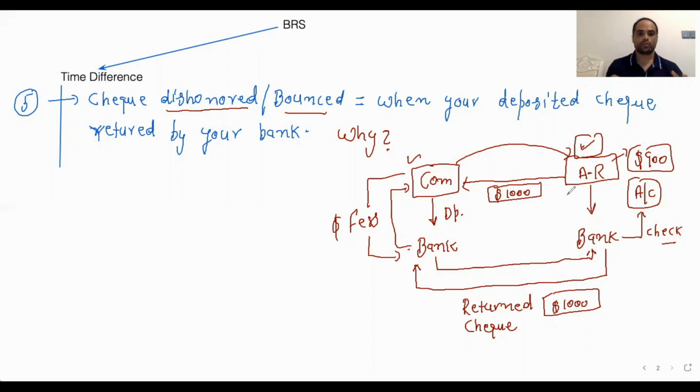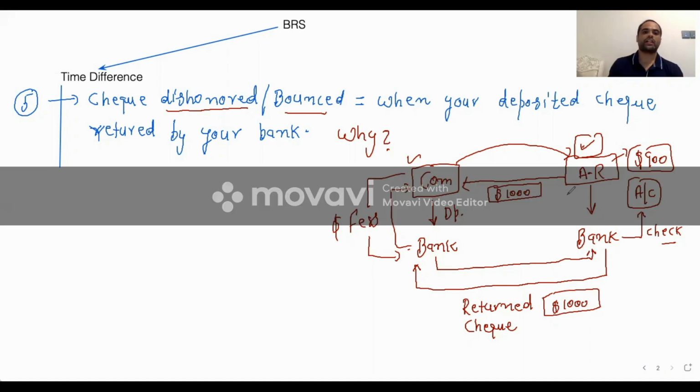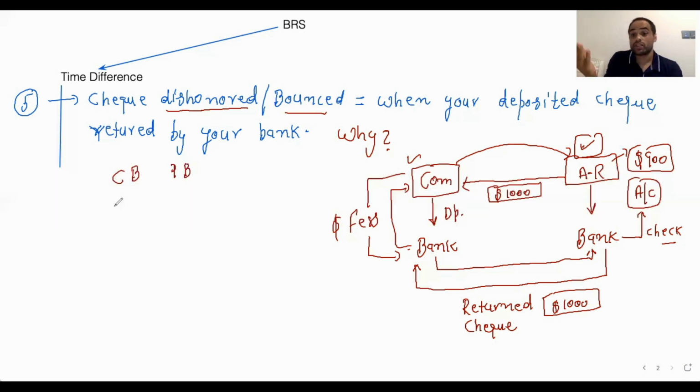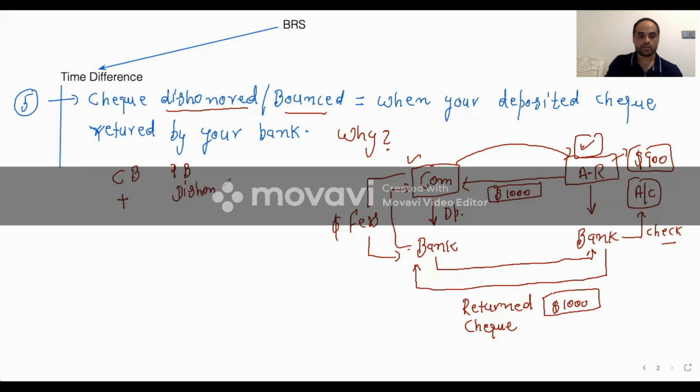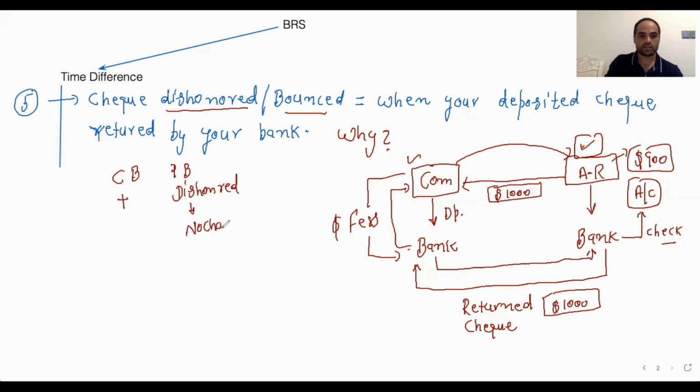All right. So now what will happen in check dishonored? So cash book and passbook. You receive a check, obviously you're cash in. All right, you receive a check, you're cash in. But this check is dishonored. As a result, your bank account has no change.